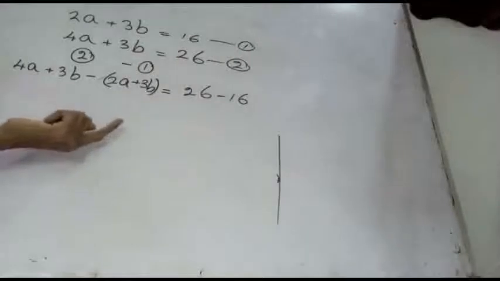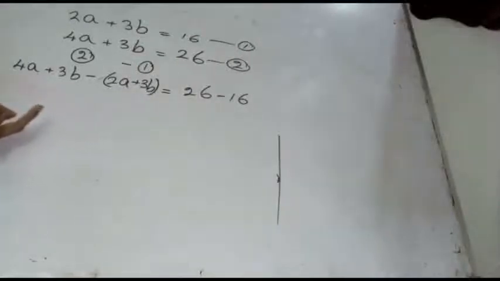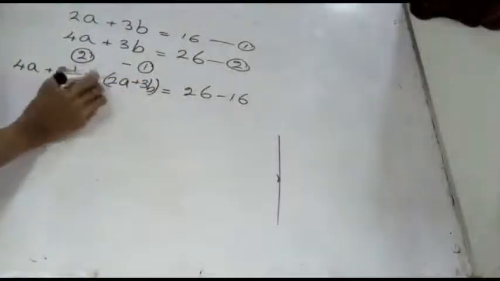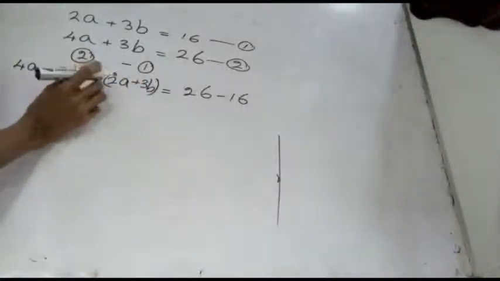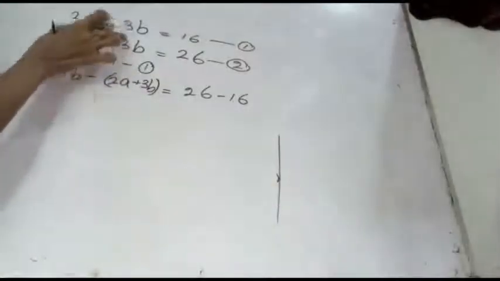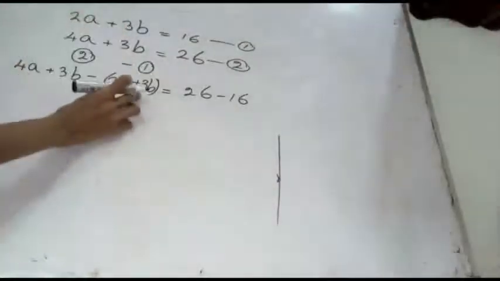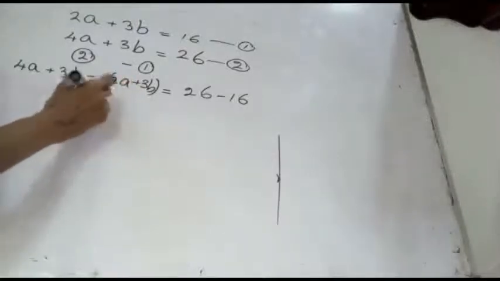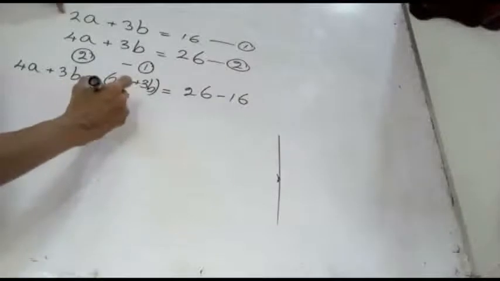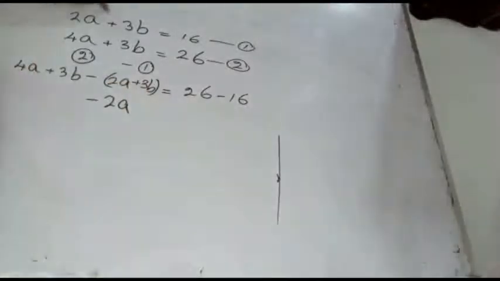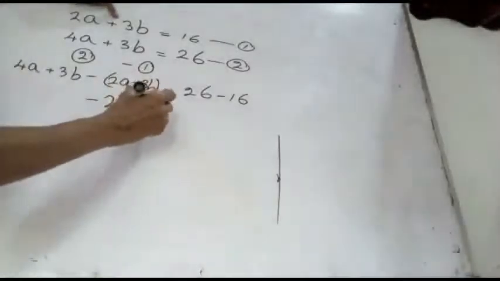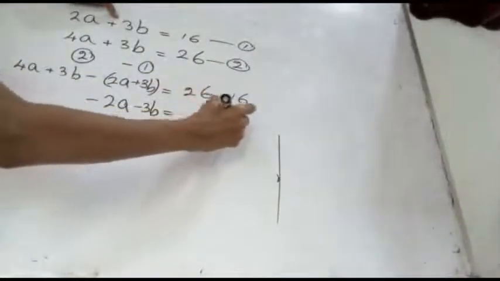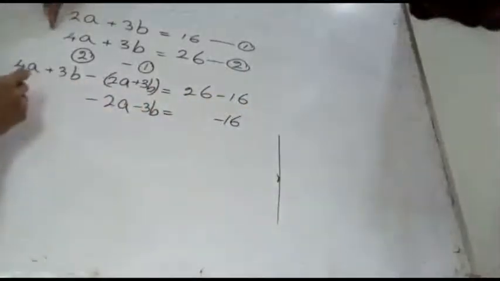As there is a subtraction, it's essential to use brackets and write this way, because the sign of each term is changed. Positive 2a is changed to negative 2a. Positive 3b is changed to negative 3b. Positive 16 is changed to negative 16.